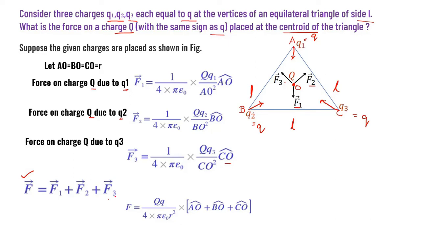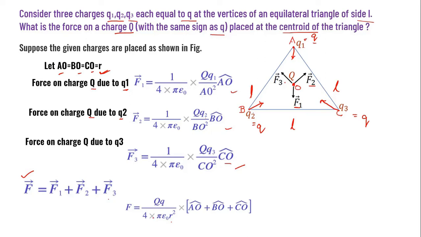Now let us see what the vector sum will be. We have to add F1 plus F2 plus F3. Magnitude-wise, they are all equal, that is capital Q into q, because Q1, Q2 and Q3 are all equal to q. So we can place them as q, upon 4 pi epsilon naught. What are AO, BO and CO? We have already assumed that their distances are the same, that is R square.